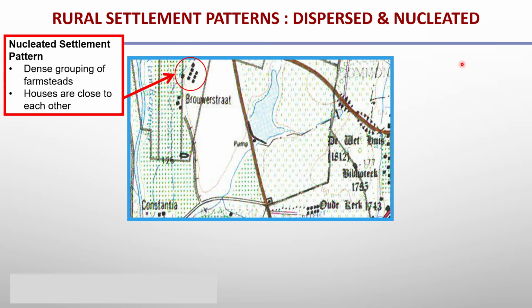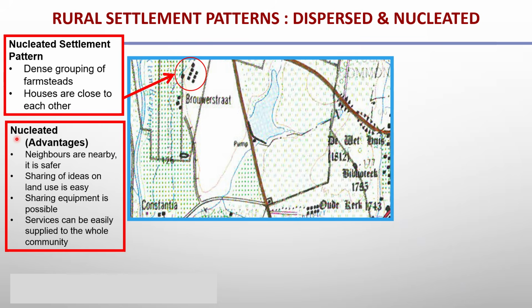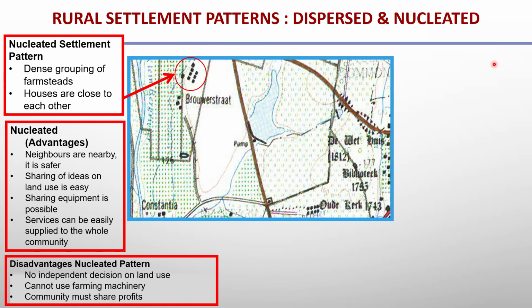It is nucleated. Now we know our advantages of nucleated settlements. There are more people close by. Neighbors are nearby, so you can share ideas. If you have a new idea, you share it with everyone. There's sharing of equipment, and services can be easily supplied to the whole community because everyone is close together. But it also has disadvantages. No independent decisions on land use.